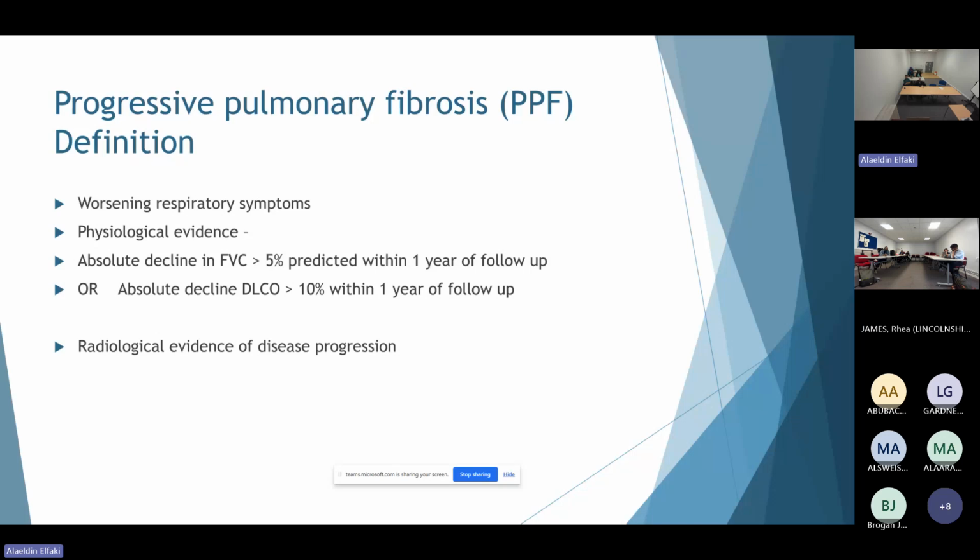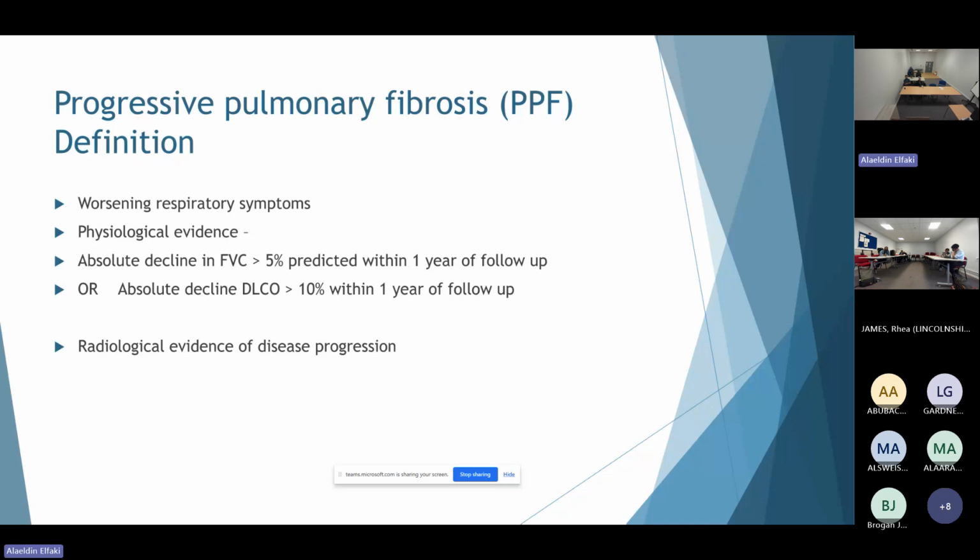This needs to be supported by radiological evidence that demonstrates increased fibrosis features on a CT scan, in addition to physiological changes, which is a reduction in the FVC, forced vital capacity, by more than 5% in 1 year, or a reduction in the DLCO of more than 10% also in 1 year.